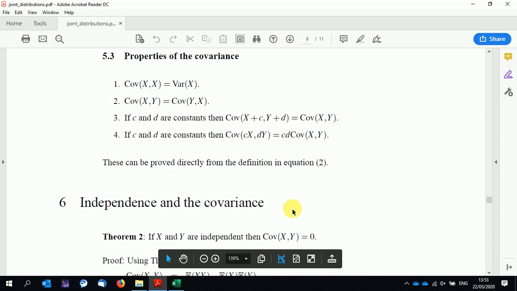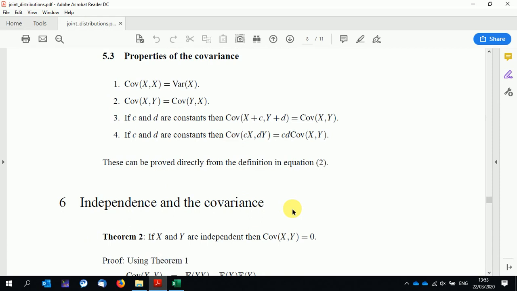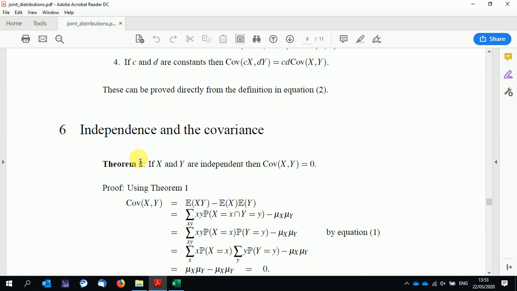In our case, 197. Now I want you to be careful here. This result is quite important. If x and y are independent, then the covariance of x and y is 0. Now, very careful here. If x and y are independent, then the covariance is 0. I'm not saying the opposite.